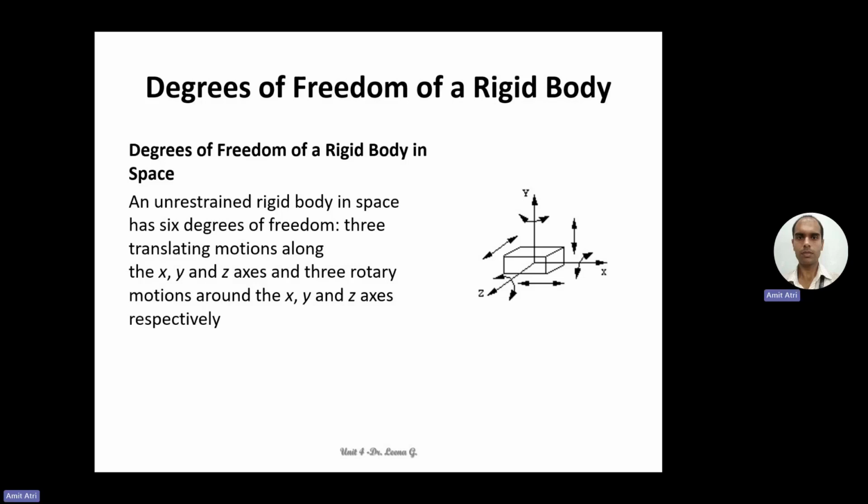That is 3, then rotational as well, along the x-axis, y-axis and z-axis. So in total it gives 6 degrees of freedom: 3 translating motions and 3 rotary motions. In the XYZ plane, we can see the arrows which indicate the translating motion and the rotary motion as well.